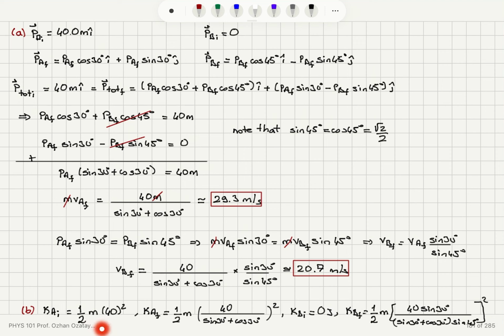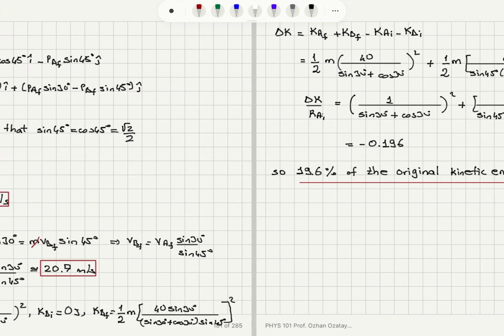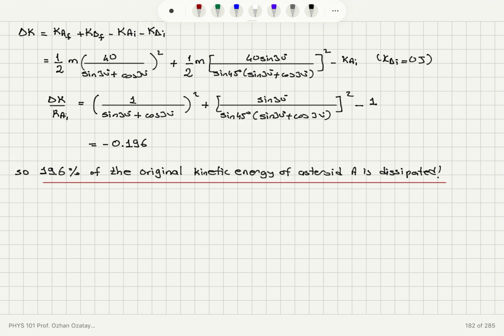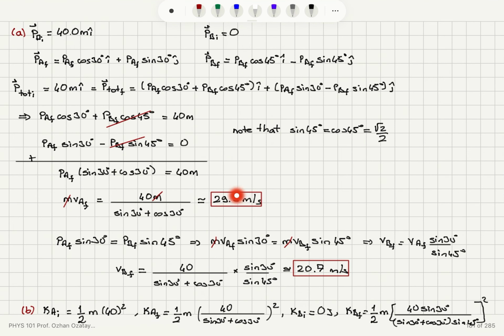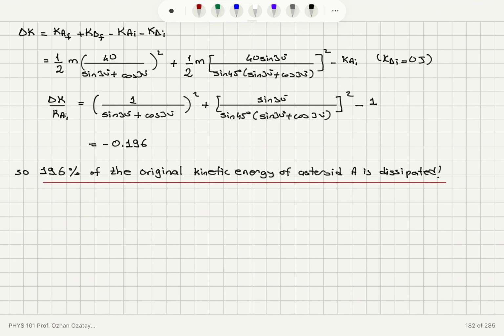And then we write the initial kinetic energy of A, final kinetic energy of A, final kinetic energy of B, initial kinetic energy of B. Notice that I'm not putting the answers here, rather I'm putting these exact expressions into these equations to get a more reliable result.